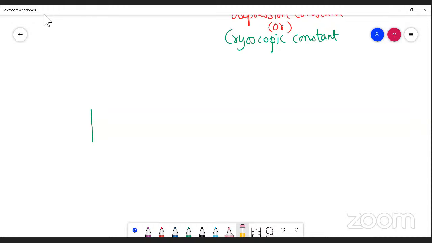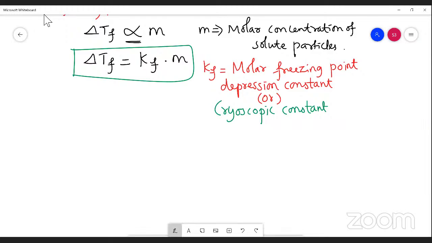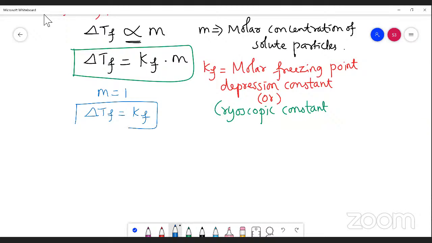One more thing, if you take this del TF equal to Kf into M, here M is the molar concentration of a solute particle. If you substitute M as 1, that is for 1 molar concentration, then we will get the expression del TF equal to Kf, the cryoscopic constant, because this is also important.